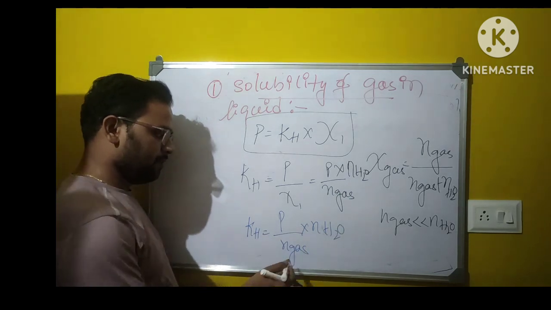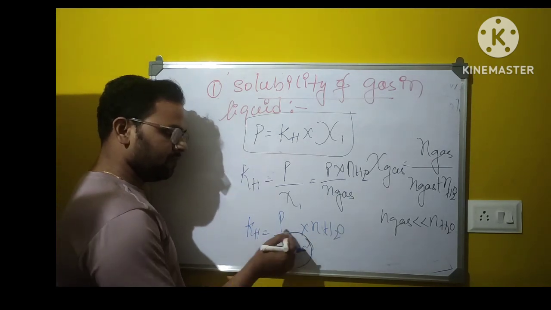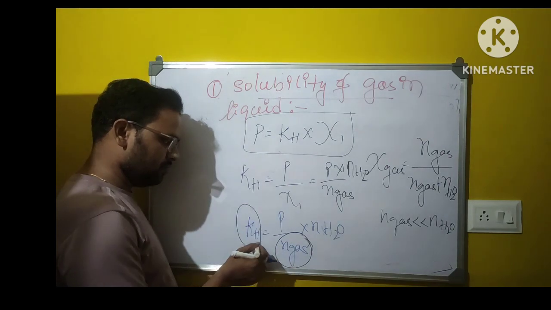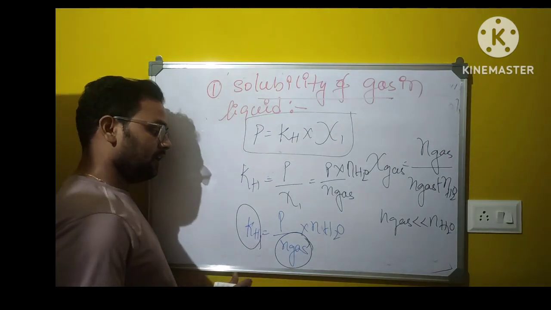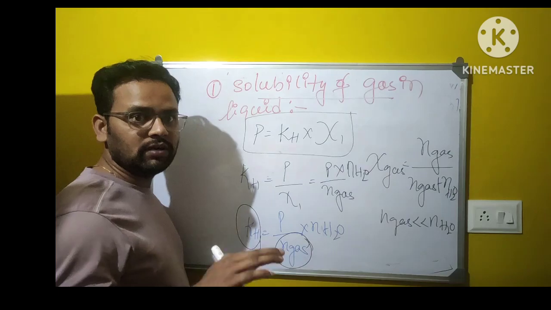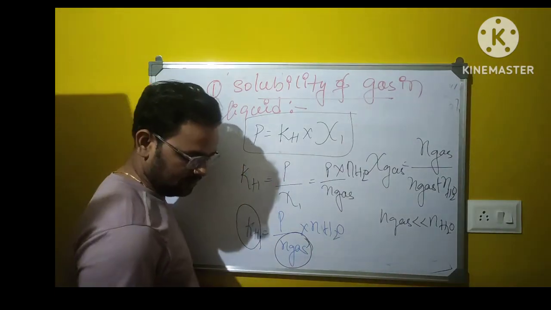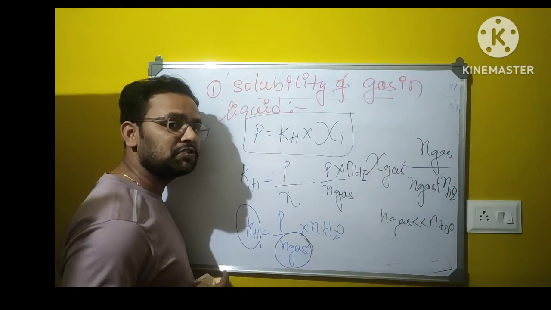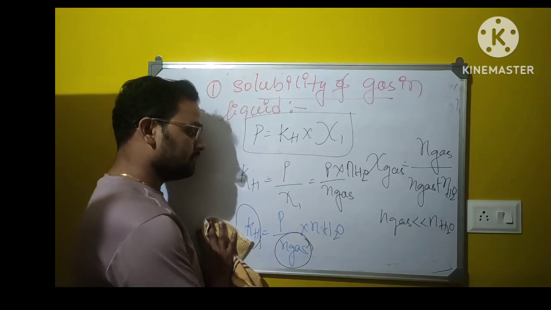Here the number of moles of gas is inversely proportional to Henry's constant. As Henry's constant increases, the solubility of the gas decreases. Higher the kH value, lower the solubility.